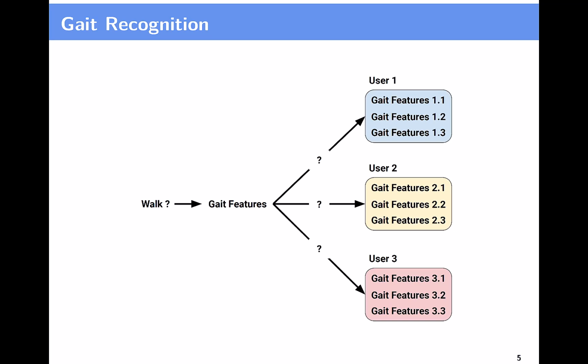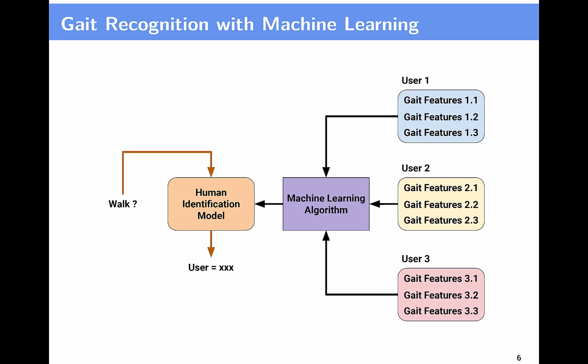The basic characteristic of a gait recognition system is that you are given a walk, then from each walk, we create a technique to extract gait features. Then each user may have different features. From these features, we use machine learning algorithms to create human identification models from the collected features.